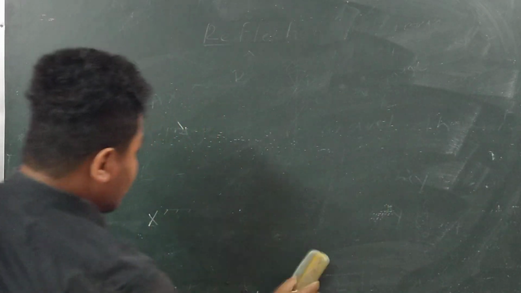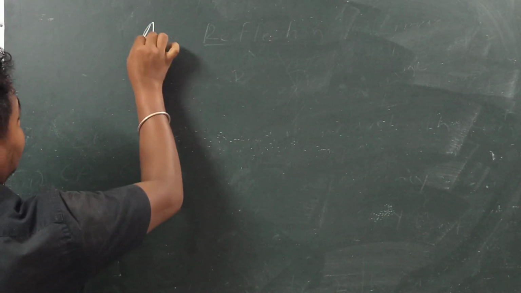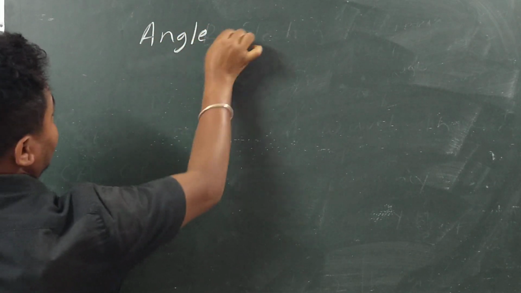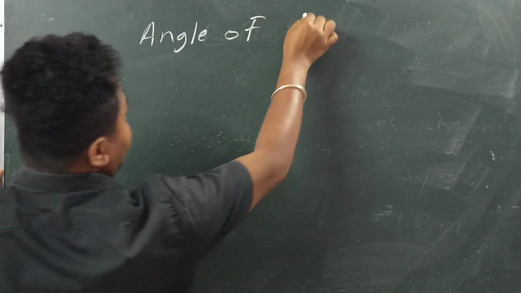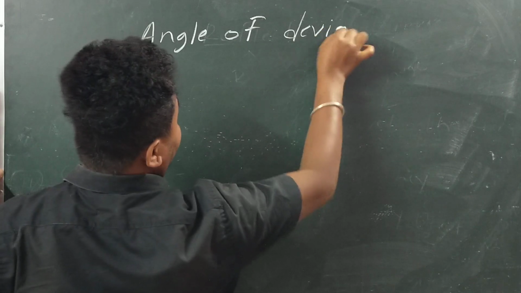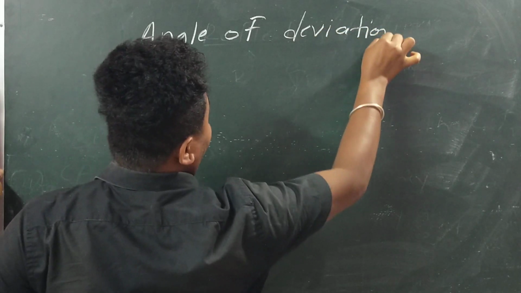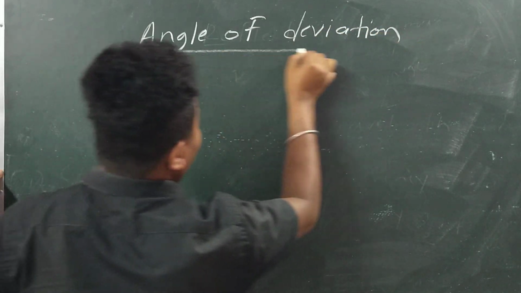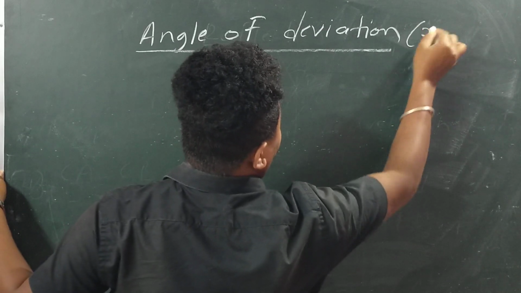Next we will come to a new topic for you, that you have not studied in the previous classes. That is angle of deviation. Angle of deviation, delta. That is a very handy one.